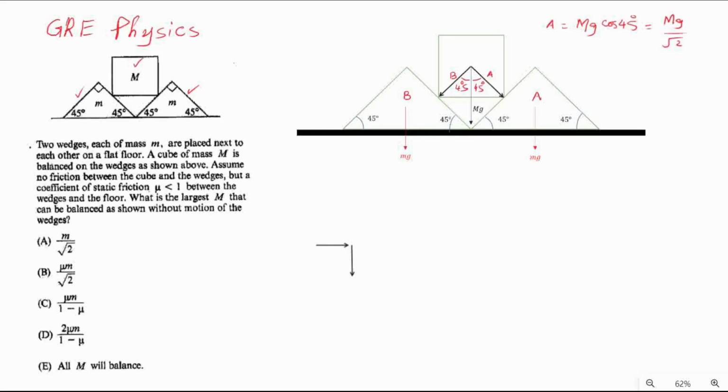Similarly, vector B also has the same magnitude. If you bring this vector B here, from this triangle, the magnitude of vector B is equal to Mg times sine of 45 degrees, which is also 1 by root 2. So this is equal to Mg divided by root 2.